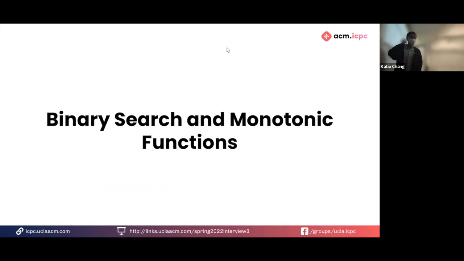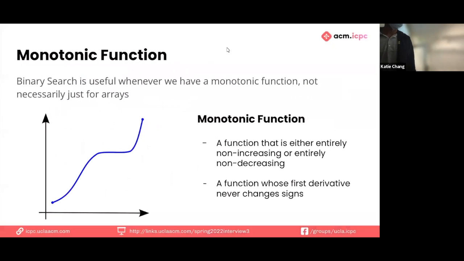And that is related to something called a monotonic function. So what does that mean? A monotonic function, to put it in more layman's terms, is a function that is either entirely non-increasing or entirely non-decreasing. In math terms, this would mean that the first derivative never changes signs.